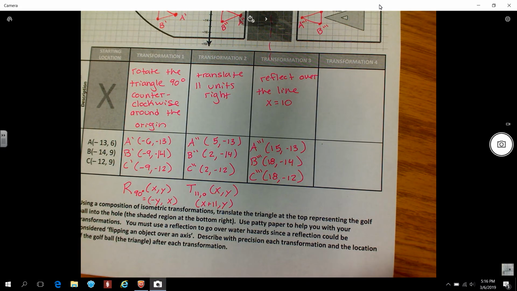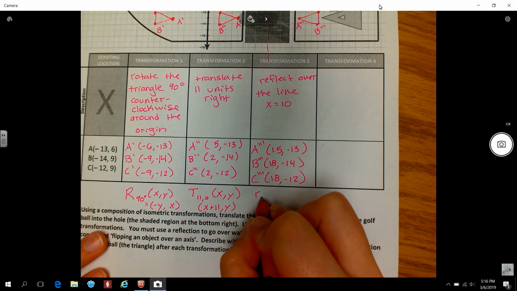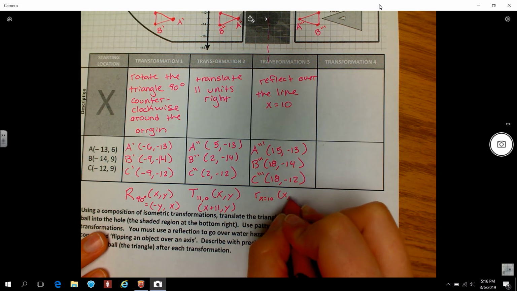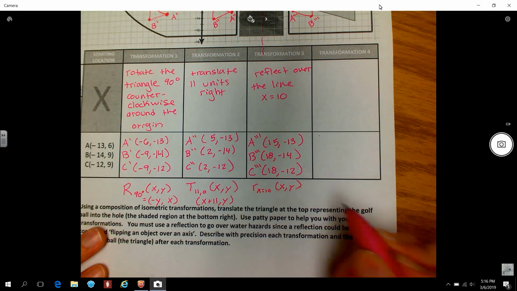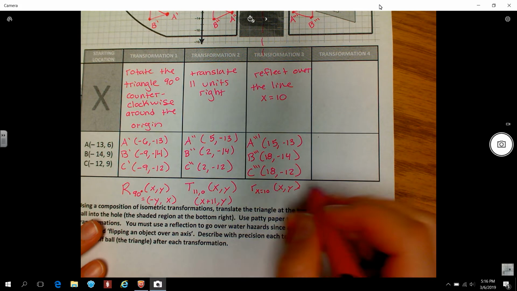Okay, so to come up with a rule, it's a little bit tricky for this one. I'm reflecting over the line x equals 10, but to write the rule, it took a little bit of playing around with the numbers and seeing what happened. So I noticed that the y values stayed the same.